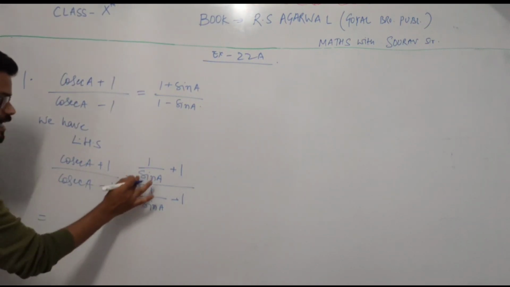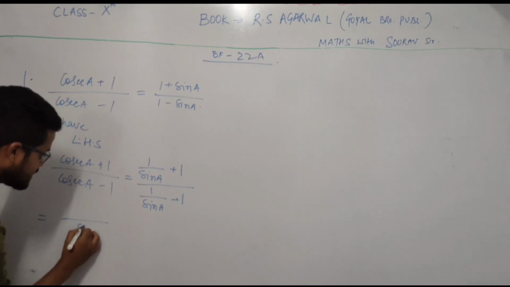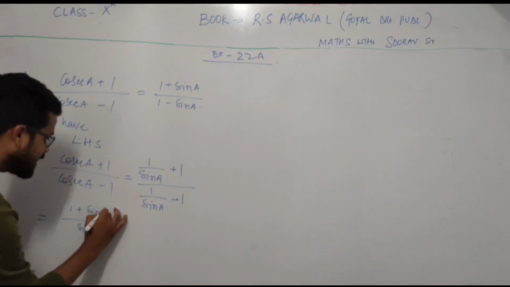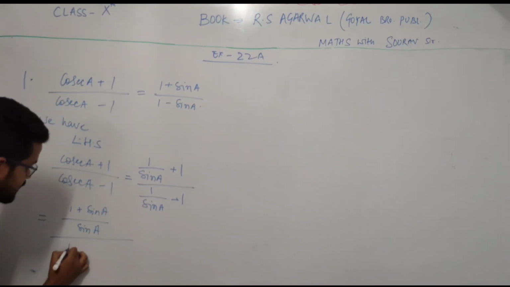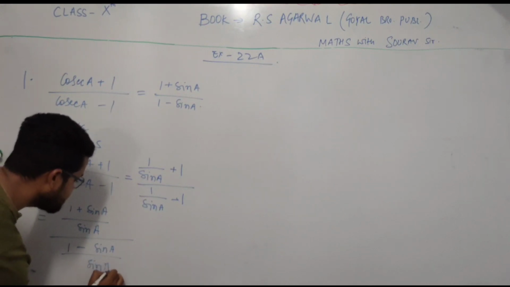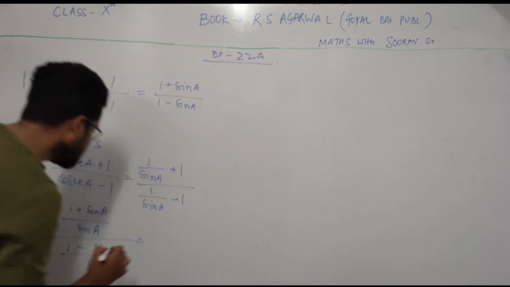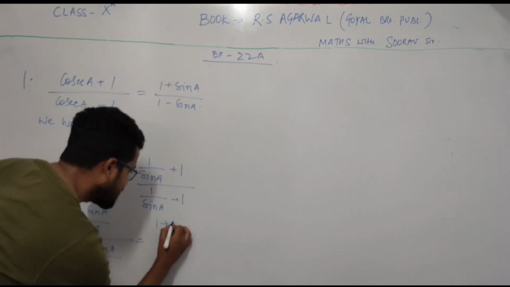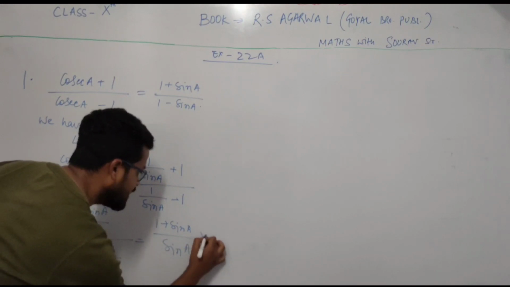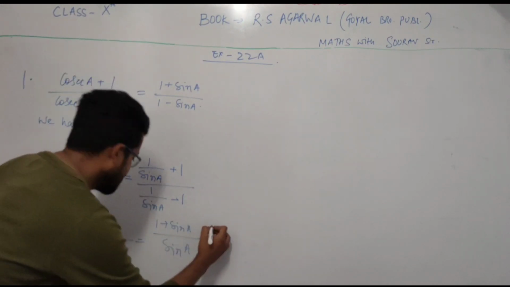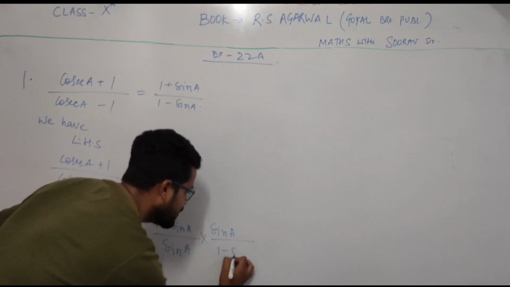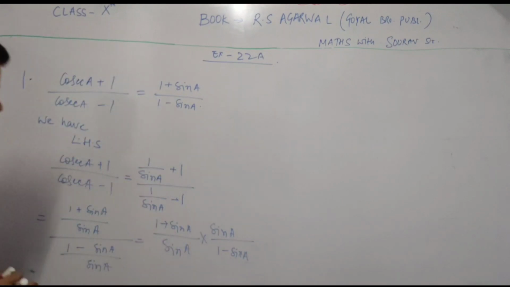If we take the LCM, the numerator is 1 plus sin a over sin a, and the denominator is 1 minus sin a over sin a. So this is 1 plus sin a upon sin a into sin a upon 1 minus sin a.